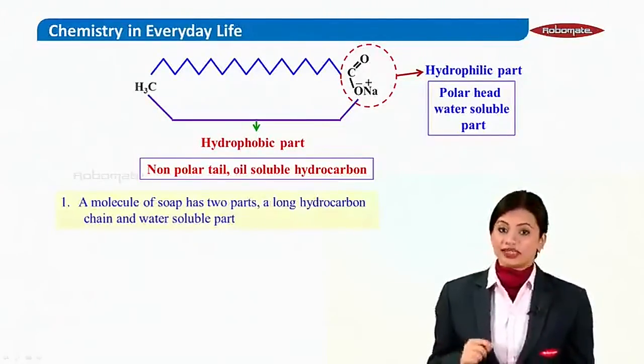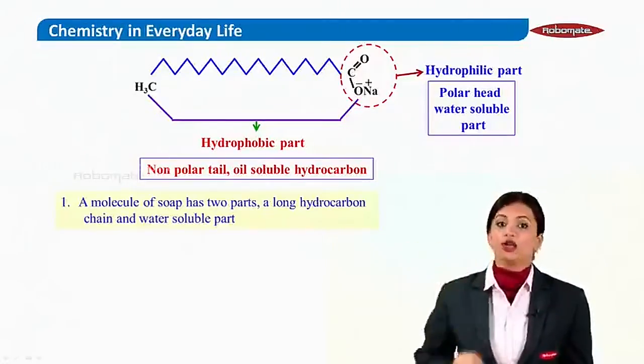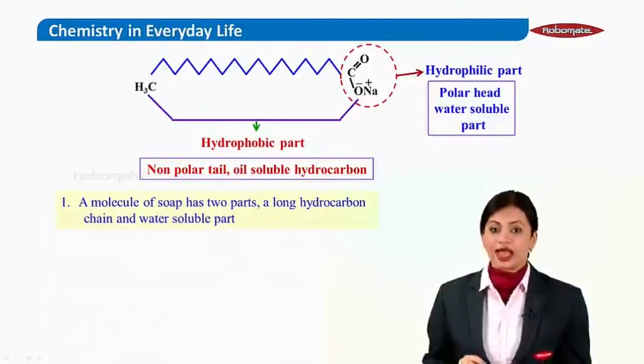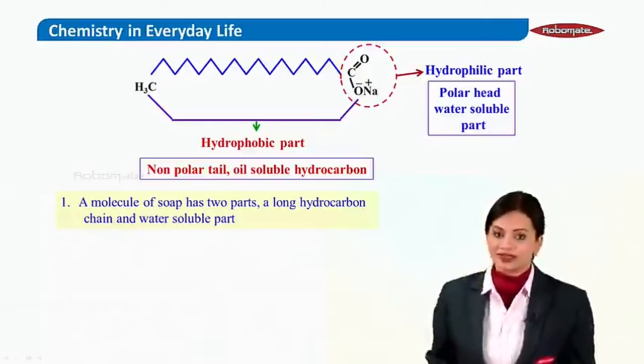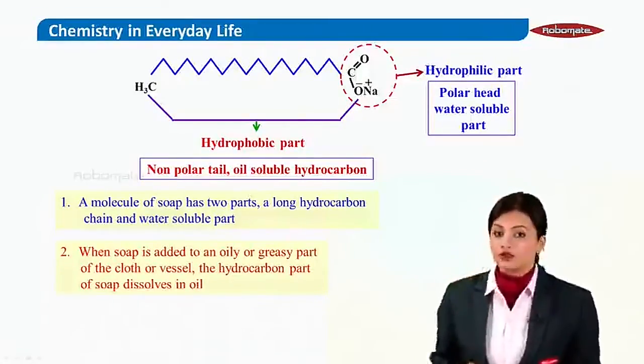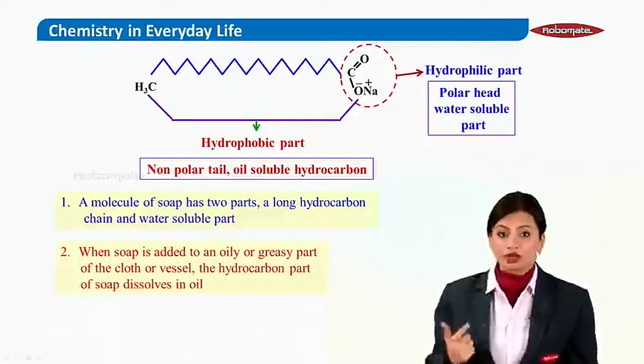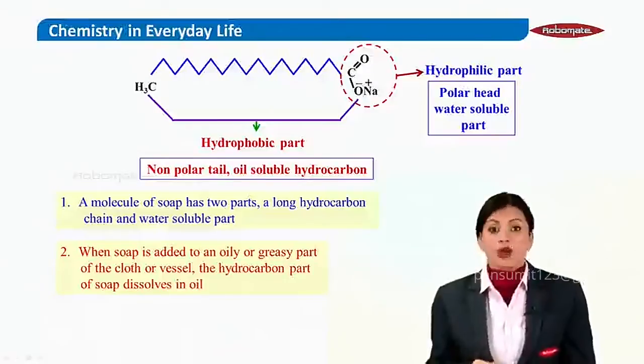Now, so we see that a molecule of soap has two parts. First is a long hydrocarbon chain and a water soluble part. Yes, children. Now what we see is when this molecule of soap is added to any oily or greasy part of a cloth or of a vessel, what happens?